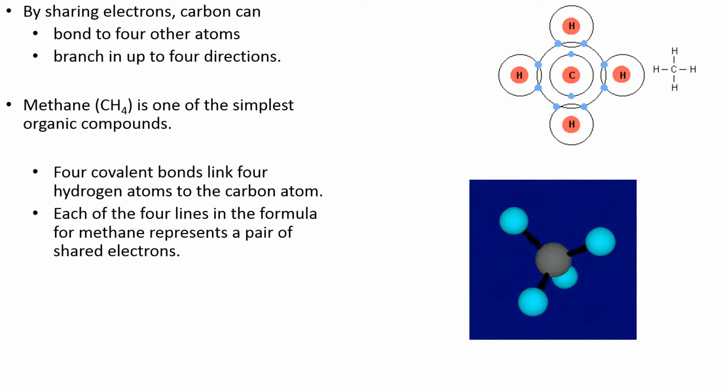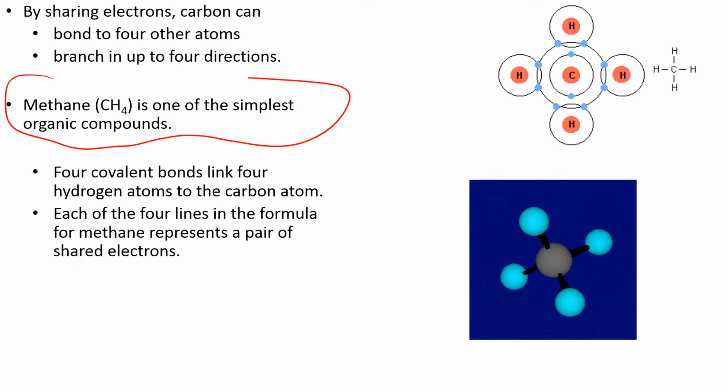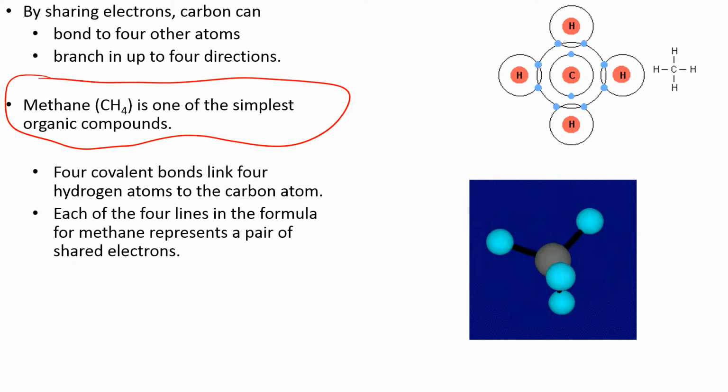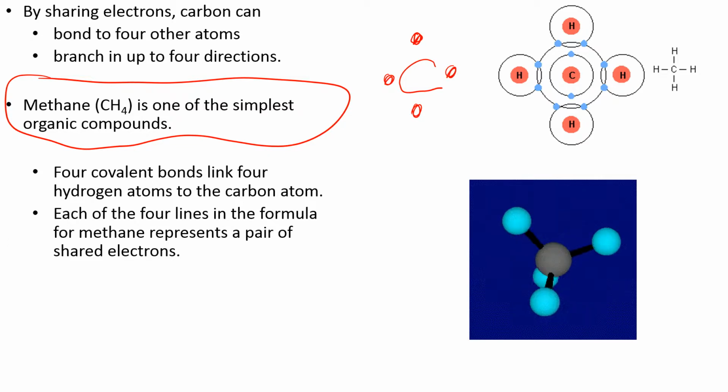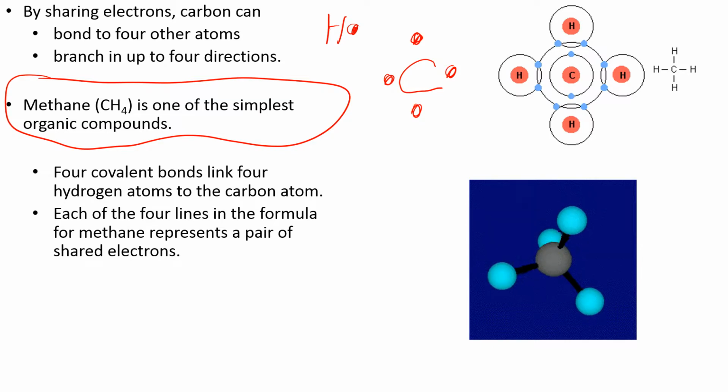So here what you're looking at is methane. Methane is the simplest organic molecule you're going to find. Bringing back our nice little Lewis dot structure of carbon, and then you have hydrogen. Hydrogen has 1 valence electron, carbon has 4.